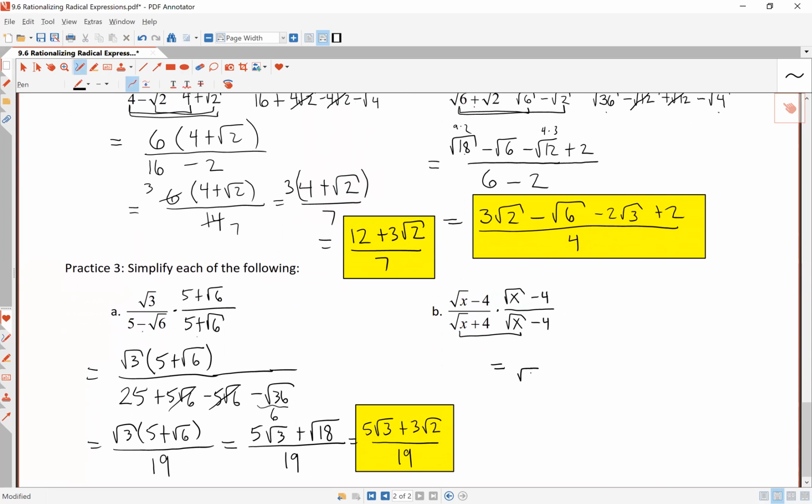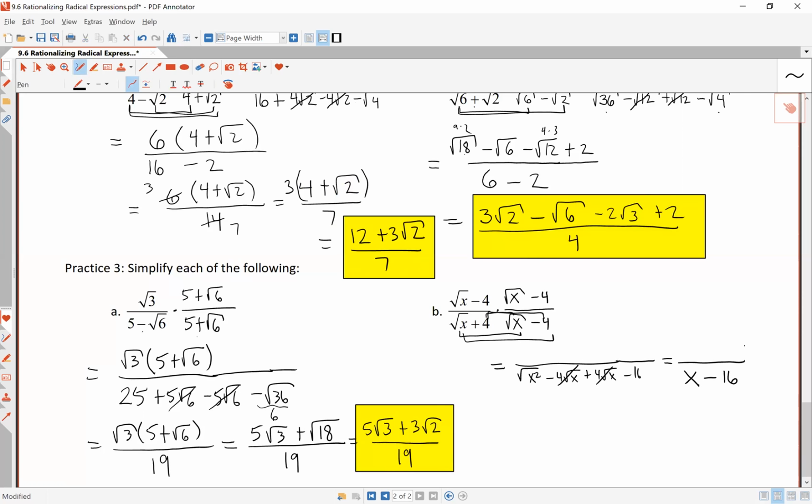That's square root of x squared minus 4 square root of x plus 4 square root of x minus 16. That gives us, canceling the middle, square root of x squared is x minus 16.